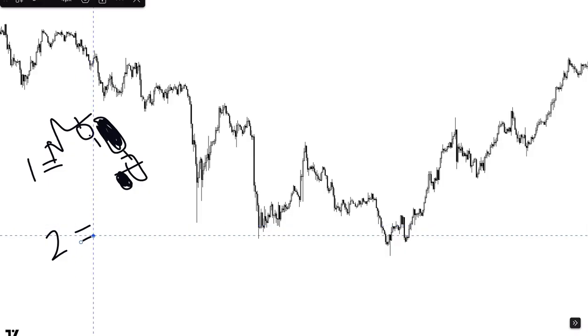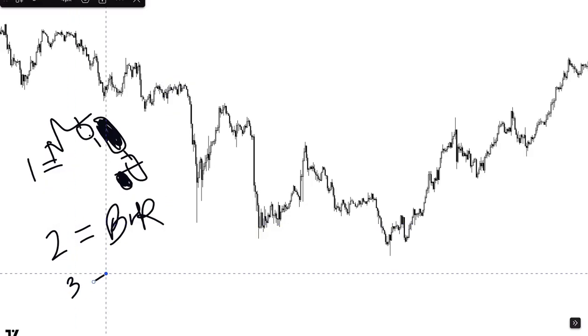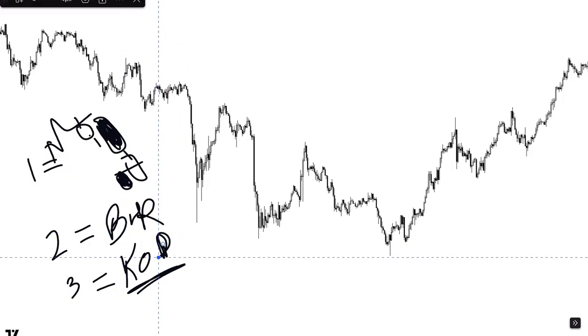A true market structure shift will either give you a breaker entry, which is the up close candle that liquidated the old low, or the down close candle, which was the cause, or the down close candle right before price raced up into an old high. And we'll see examples of that, right? Number 3 is the kiss of death turtle soup, one of my favorites, right?